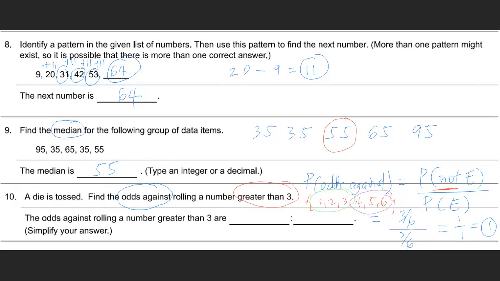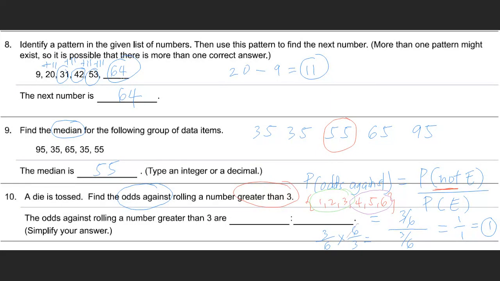which is equivalent to 1. Okay, so how did we get that? Remember, when we divide two fractions, you flip the second fraction over. Flipping the second fraction over, 3 over 6 will become 6 over 3. And you can do the process of cancellation.